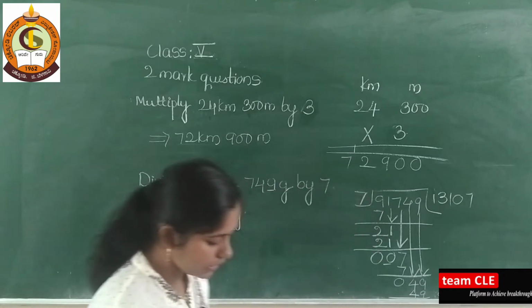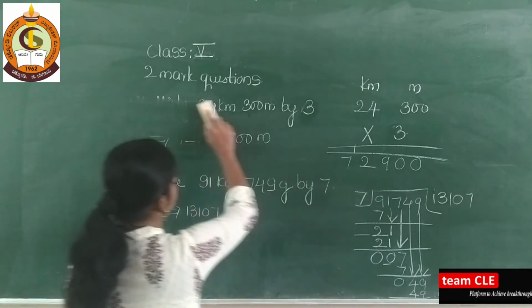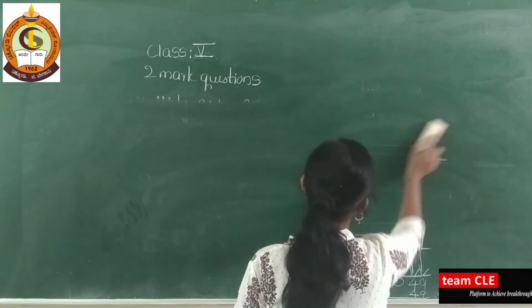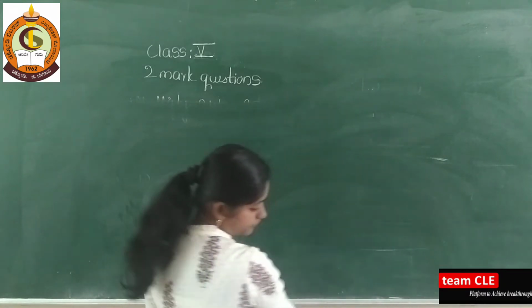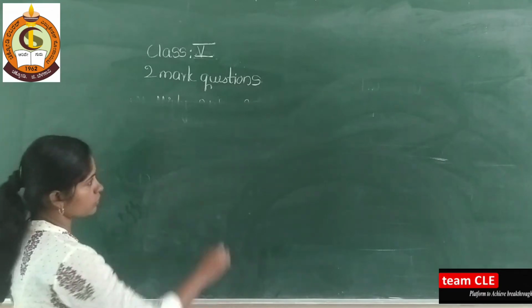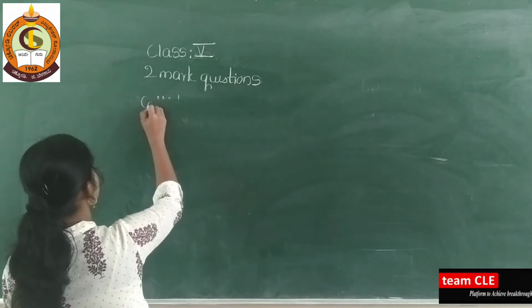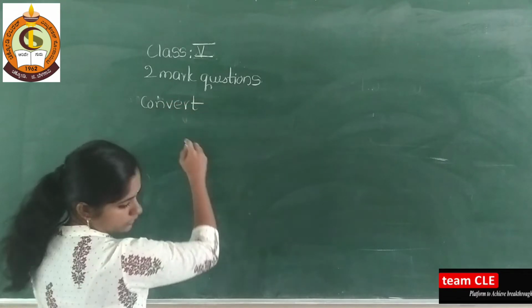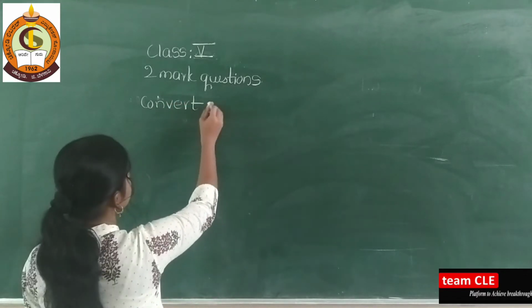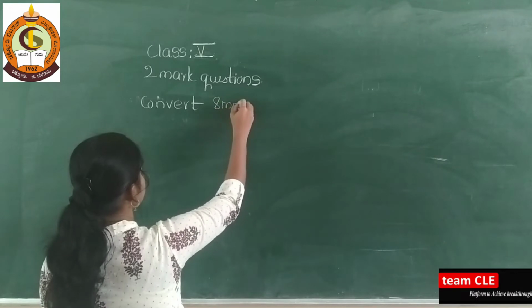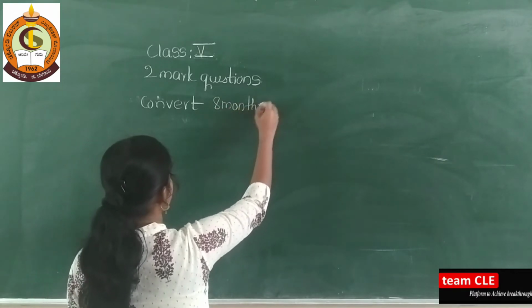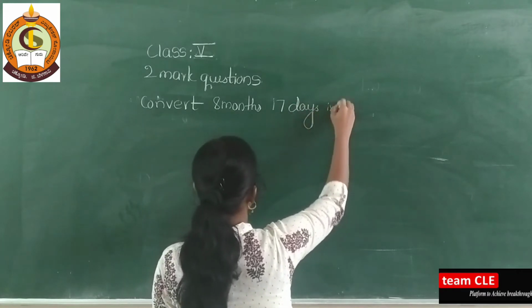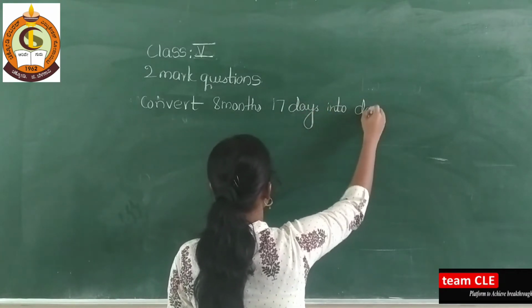Next I will take one more example, which is related to the time lesson. Dear students, practice this kind of example at home. The question is, convert 8 months 17 days into days.